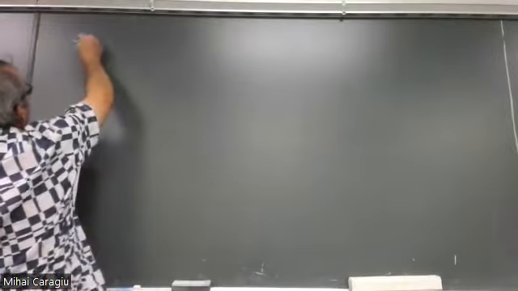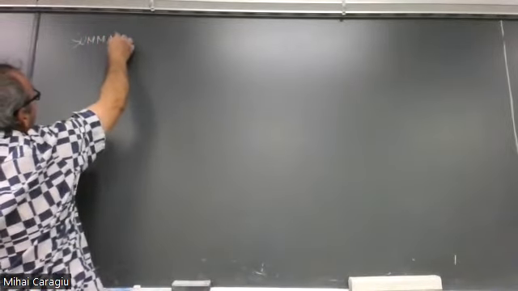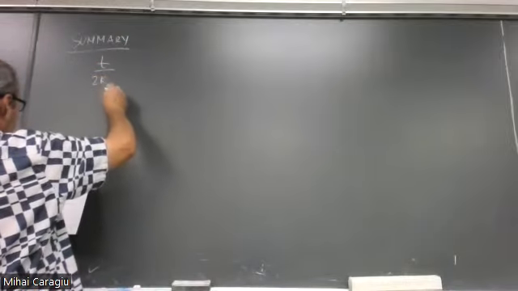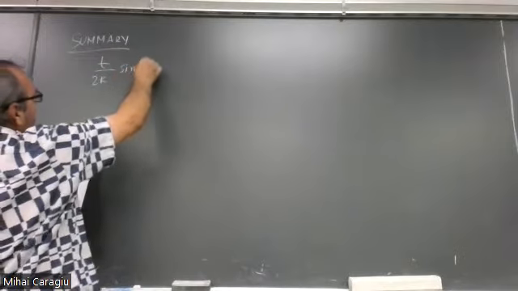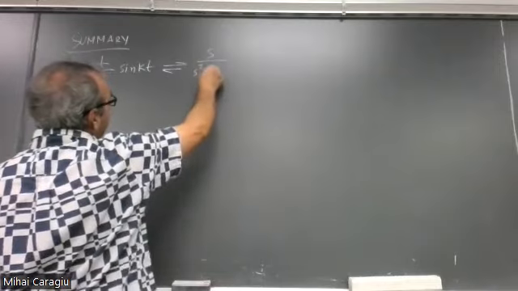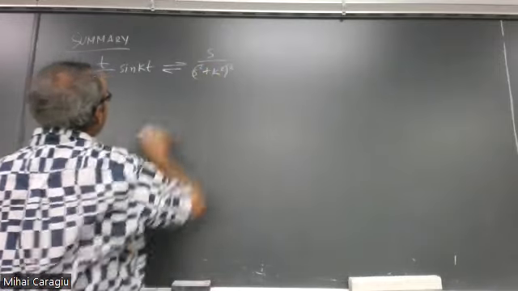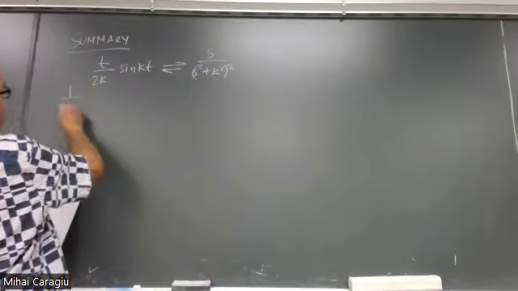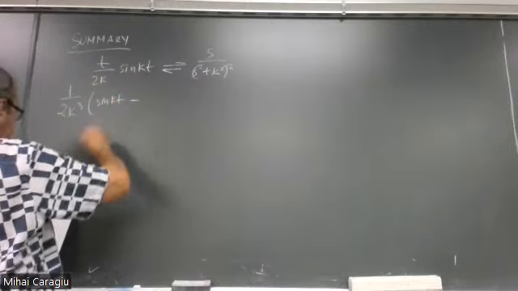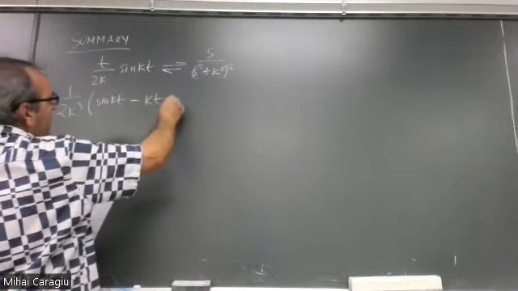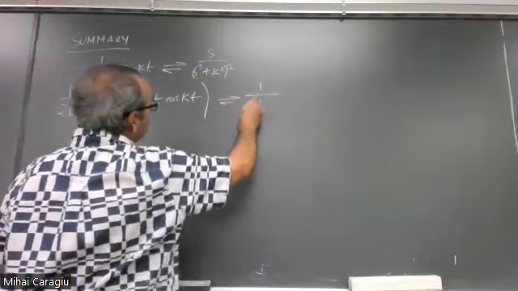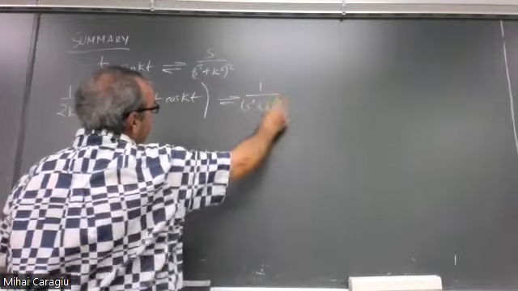So summary. t over 2k times sine kt transforms into s over s squared plus k squared, squared. 1 over 2k cubed times sine kt minus kt cos kt transforms into 1 over s squared plus k squared, squared.